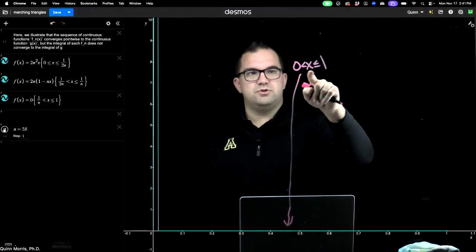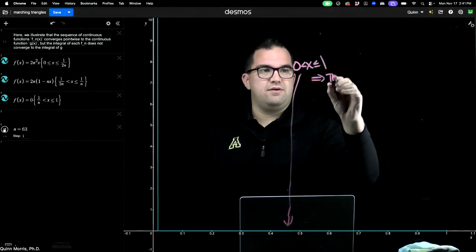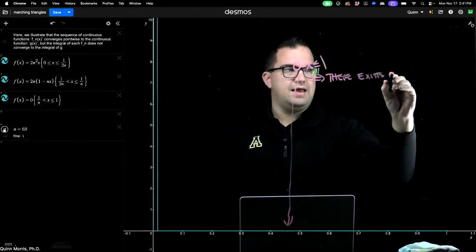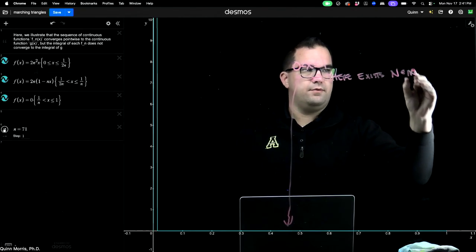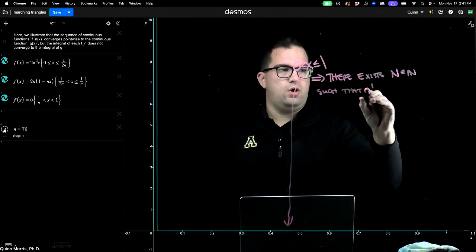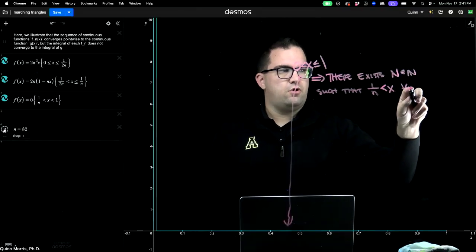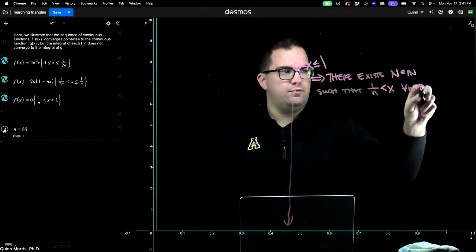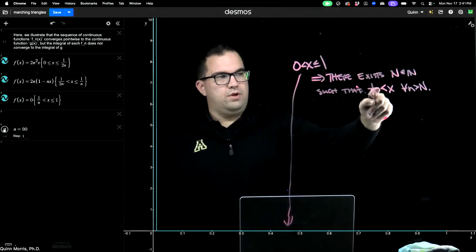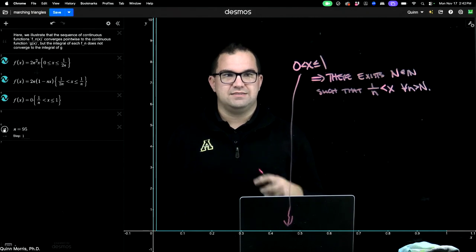Well, if x is between 0 and 1 and it's not equal to 0, then this implies that there exists a capital N, a natural number, such that 1 over n is strictly less than x for all little n greater than capital N. So eventually I can go out far enough in the natural numbers so that 1 over any natural number is less than any positive value of x that I've fixed.